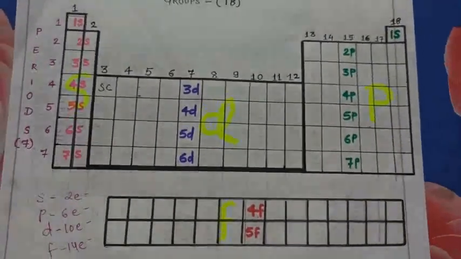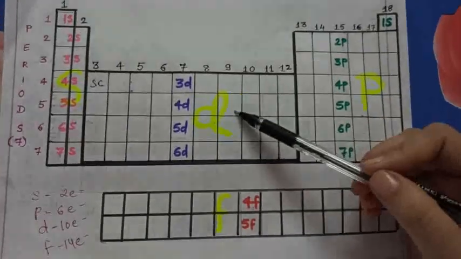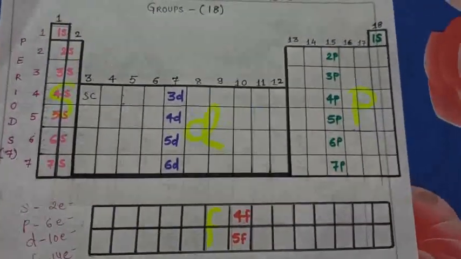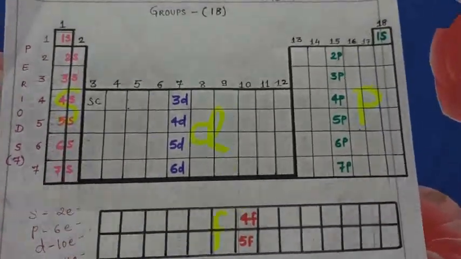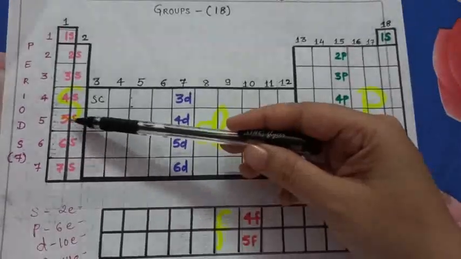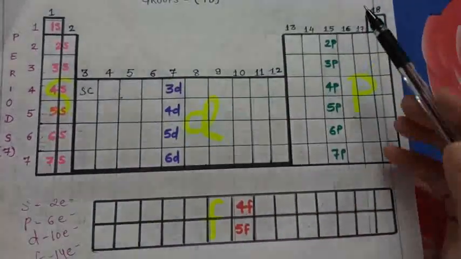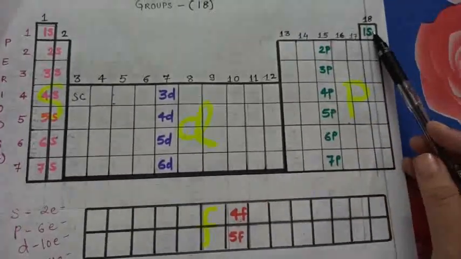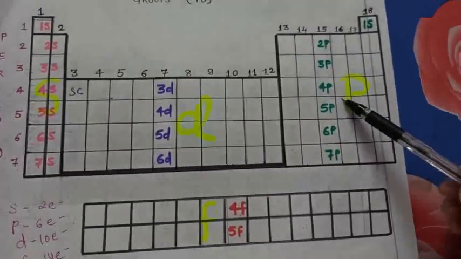When you look properly, you will find that the body of the periodic table is divided into 4 major parts. That is the S block. These first 2 groups are called the S block. Groups 13 to 18 are the P block.